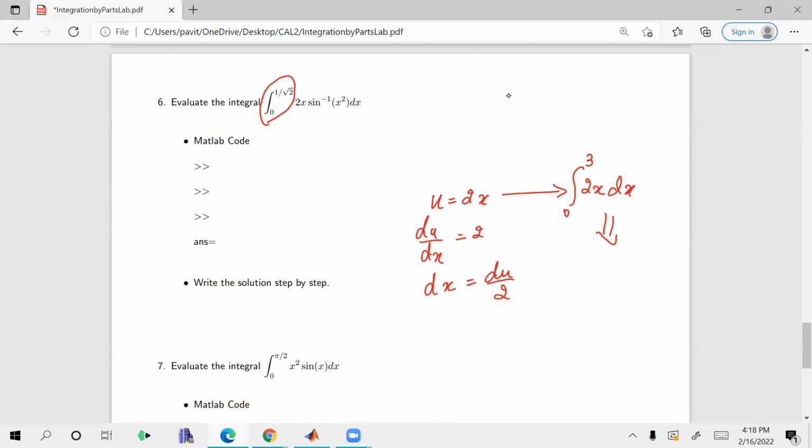Now, remember, you can't just plug in the same limits. Whenever you are using u substitution, you have to change the limits as well. This is only for u substitution, not for integration by parts.